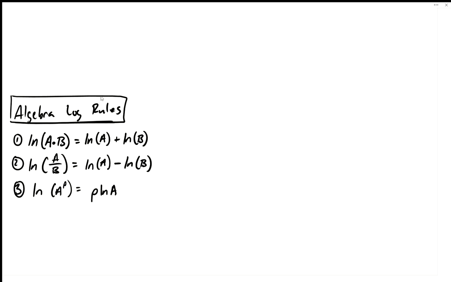There we go. So P ln of A. So whatever that number, or even if it's a letter, you can put it out in the front. Okay, so these are our rules that can help us. So this is like a product to sum, quotient to difference, and then power to multiplication. Okay, so those can really help.